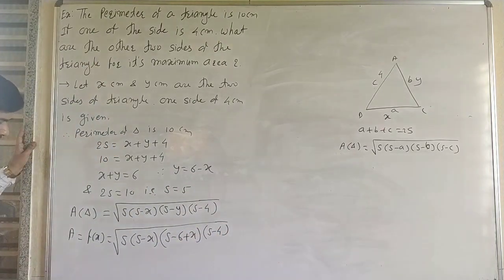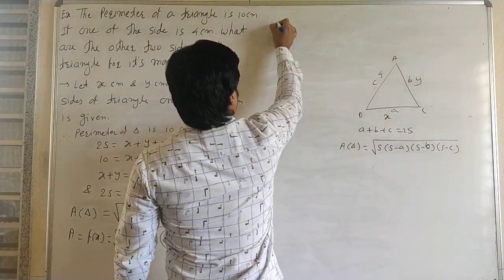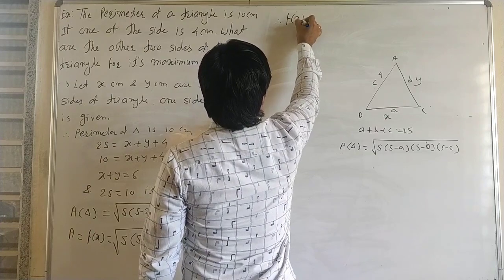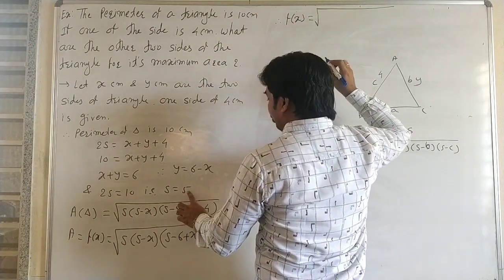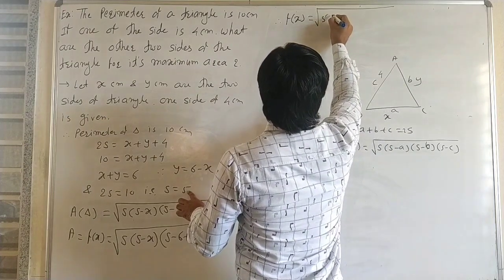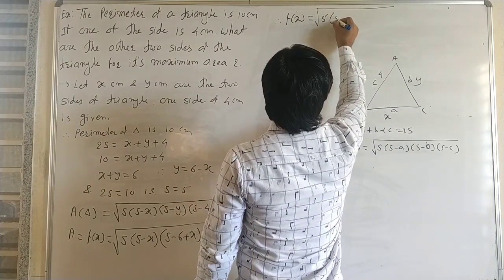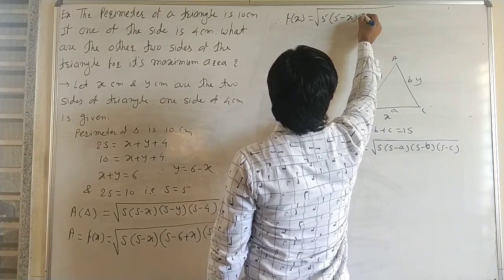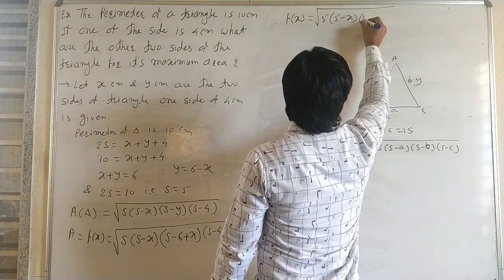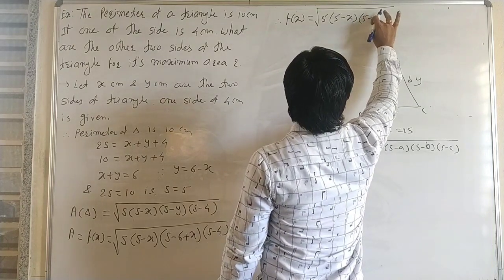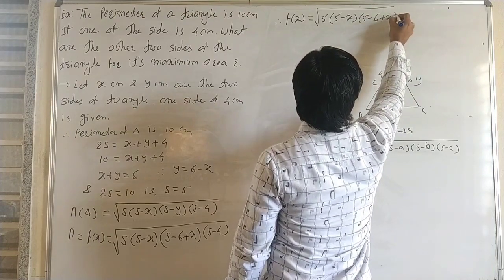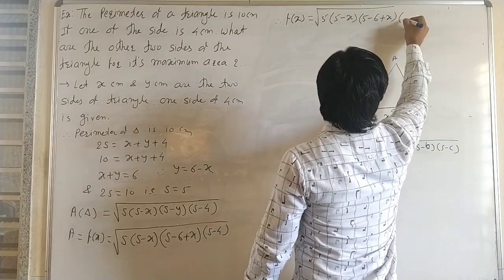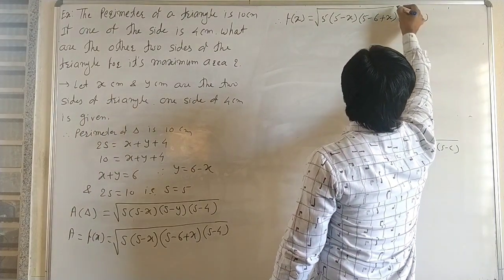Okay, therefore f of x is equal to, put the value of s, and s is equal to 5, therefore it is 5 into 5 minus x into 5 minus 6 plus x and into 5 minus 4.